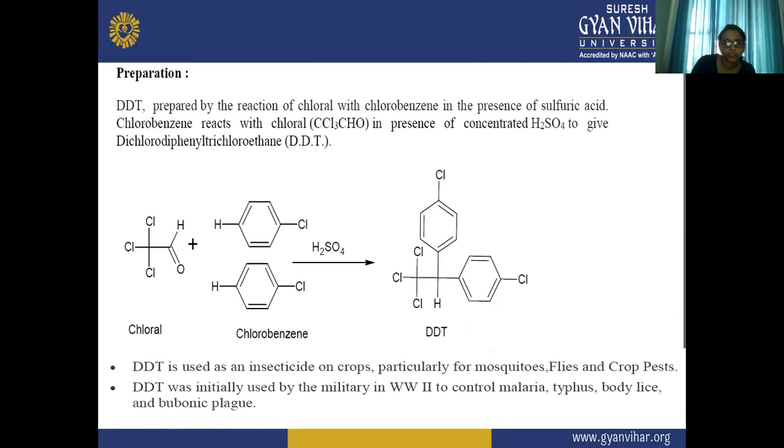Here you can see this is your chloral, and when this chloral is attached with chlorobenzene, two molecules of chlorobenzene are taken. When it is reacted in the presence of sulfuric acid, we will get DDT.